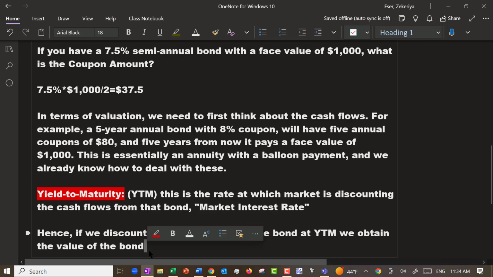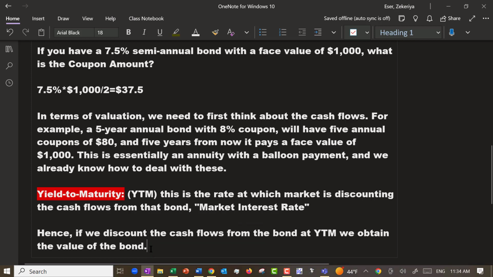Since we already have a machinery that we built to value an annuity with a balloon payment, all we have to do is get that up. I'm just going to make cosmetic changes to it.